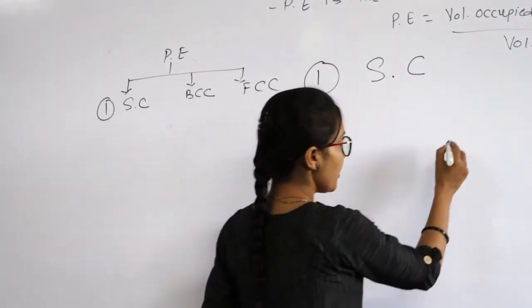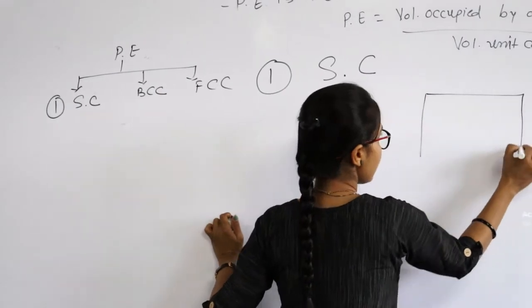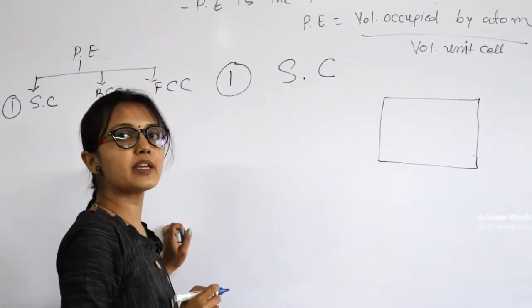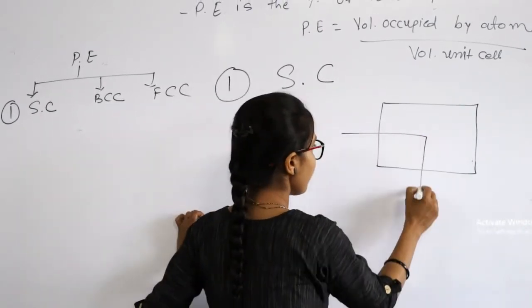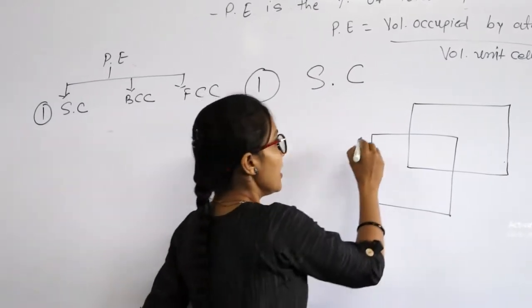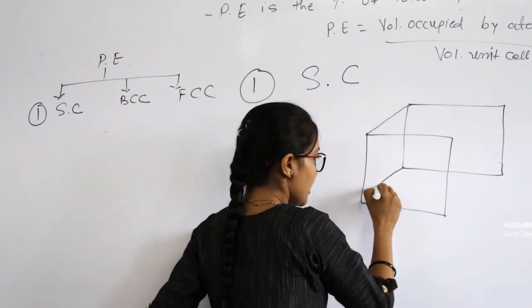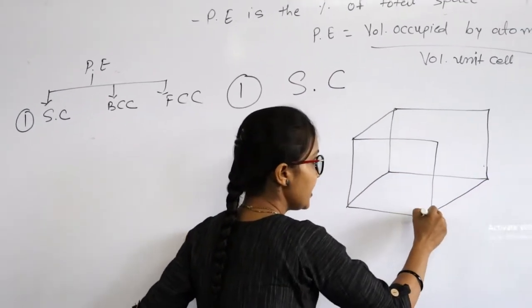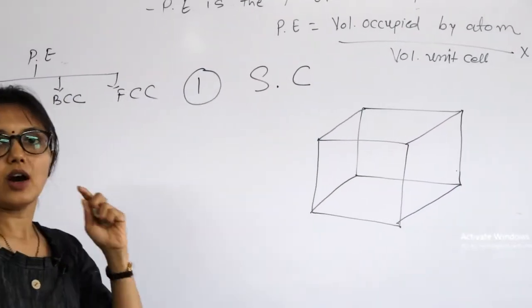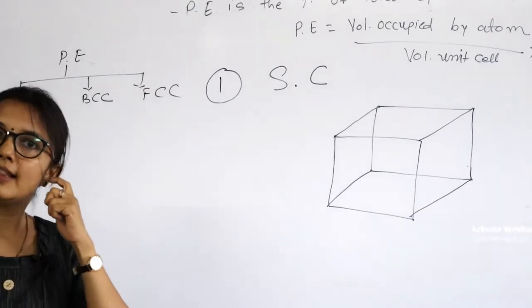Friends, you know, this is a figure or structure of a simple cubic lattice. Simple cubic lattice means this, indicating the simple cubic lattice.